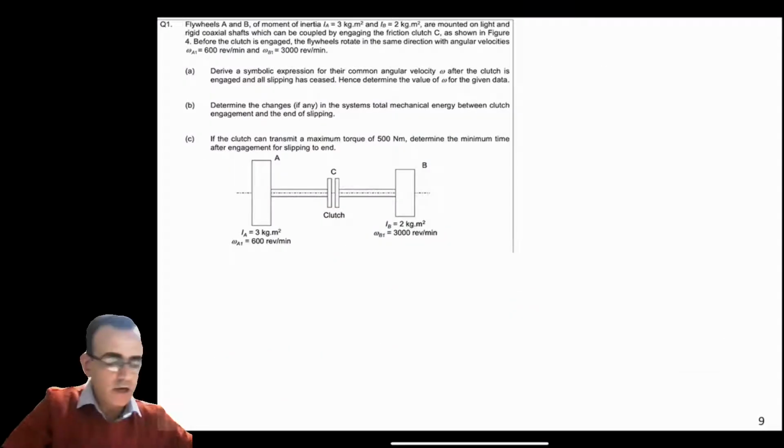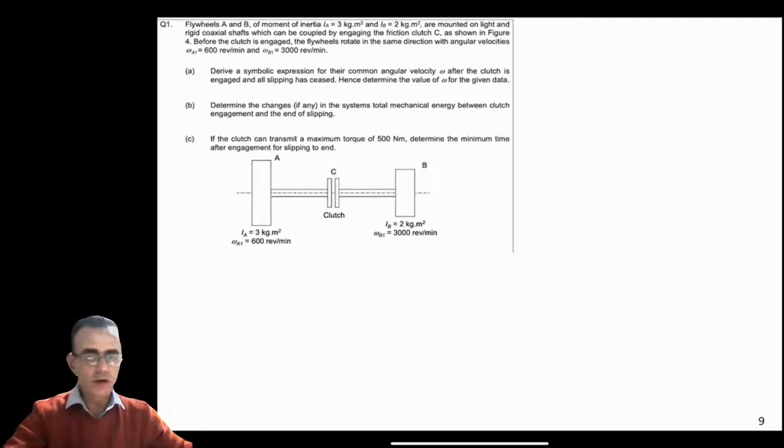Okay, so now again we want to solve some numerical example here. This numerical example is taken from your tutorial sheet. Flywheels A and B, this flywheel and this flywheel here, of moment of inertia IA is 3 and IB is 2 kilogram meter squared, are mounted on a light and rigid coaxial shaft, which can be coupled by engaging the friction clutch C here, as shown in the figure.